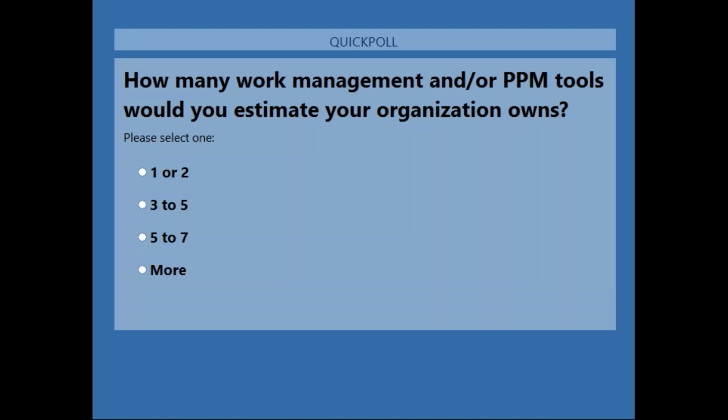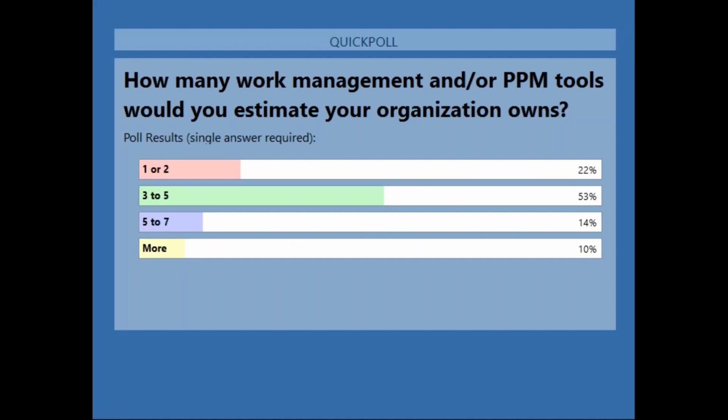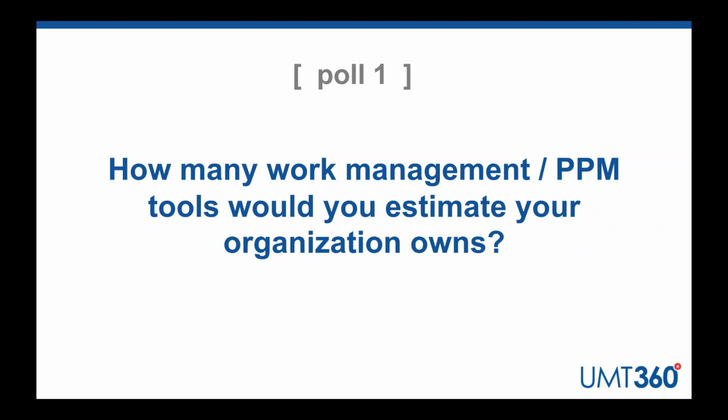Okay, let's close the poll. So 22% 1 to 2, 3 to 5, 53%, and it drops down from there, 14%, 10%. So again, a lot of tools out there at our disposal.